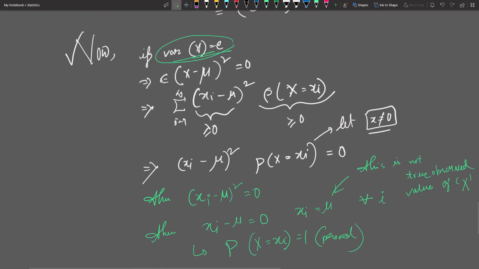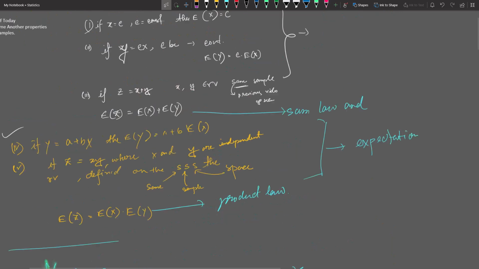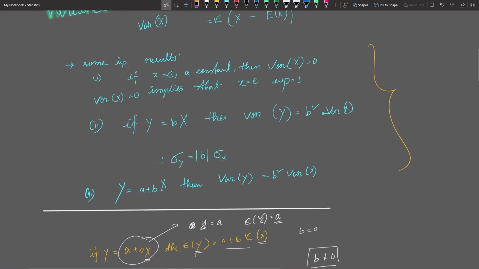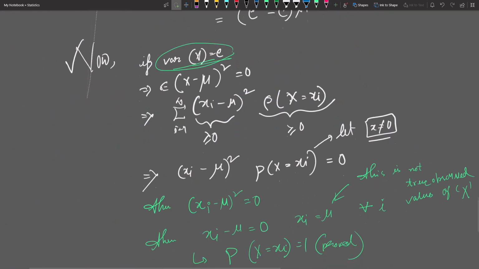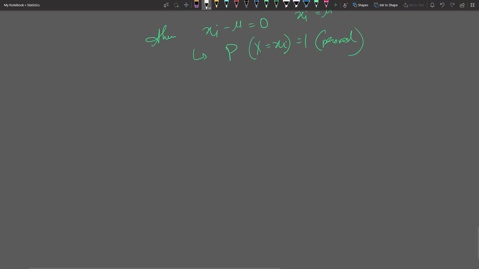This is one of the properties. That is nothing but property number 2. If y is equal to bx, then there is a relation between if and then.